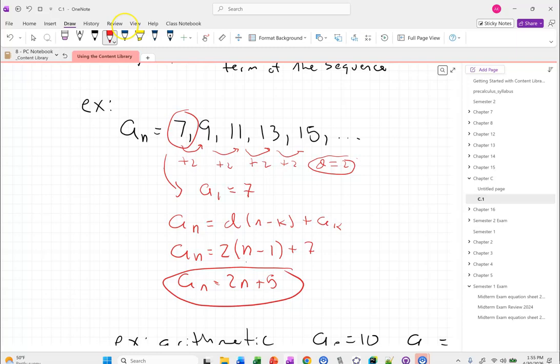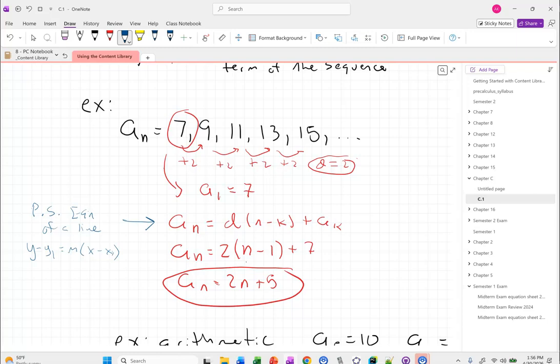Now that we've done this, what does this explicit formula kind of remind you of? It looks like the point slope equation for the line, right? Where this would be like y minus y1 equals m times x minus x1. And in fact, it is.